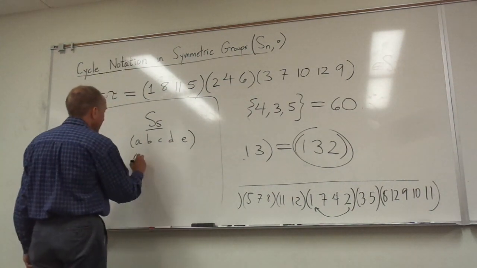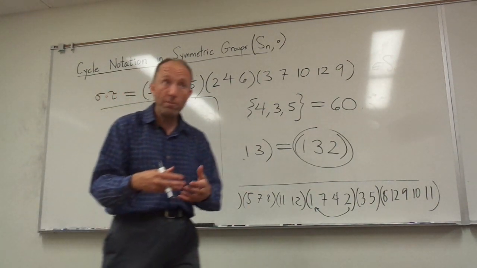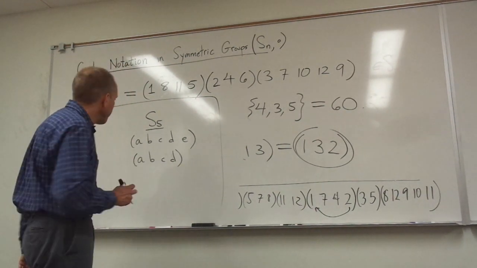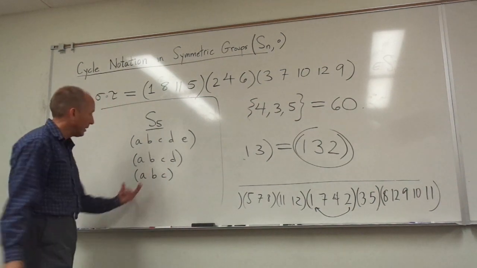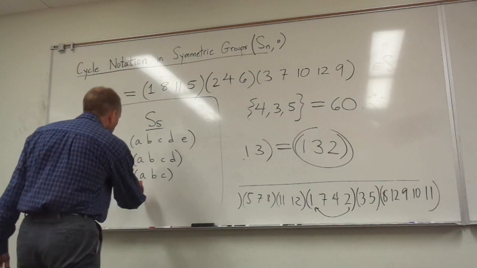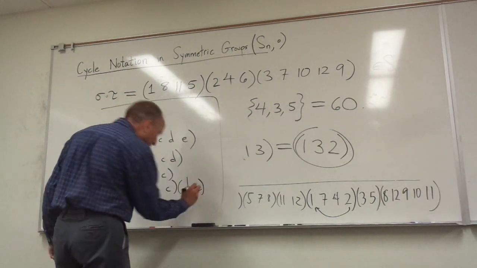Or I could have a single cycle of length 4 where one of the numbers was fixed and therefore didn't get written down, right? Or I could have a cycle of length 3, something like that, where 2 of the numbers are fixed. Or I could have a cycle of length 3 and then a disjoint transposition to that.